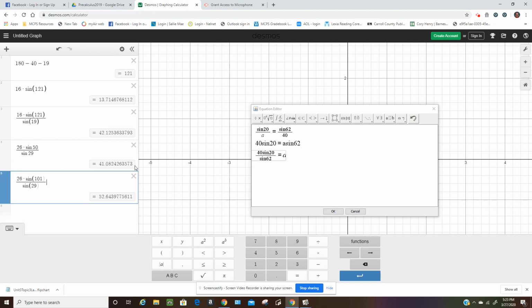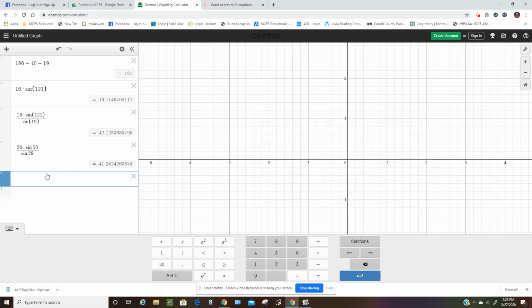So I'm going to go to my calculator once again and find that. Notice right here, I can just X this out, and then I can go to this next box here. I can X any of these out, but I'm just going to leave them there for now. Then do 40 sine of 20. If I hit the division key, it gives me a fraction bar. And I want to do 40 times, whoops, I did 440. Let me delete one of those fours.